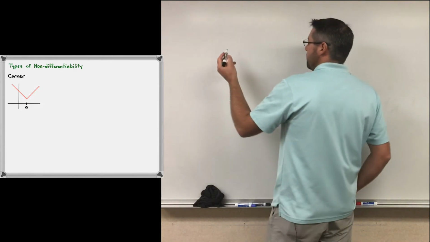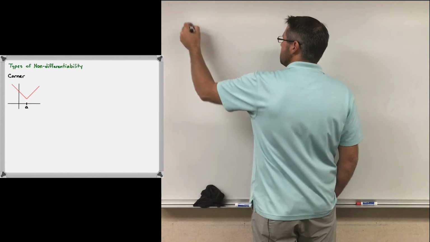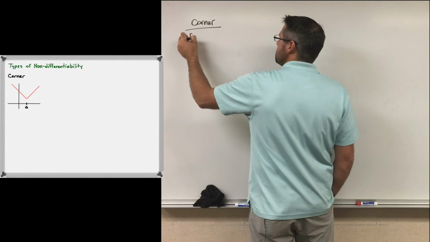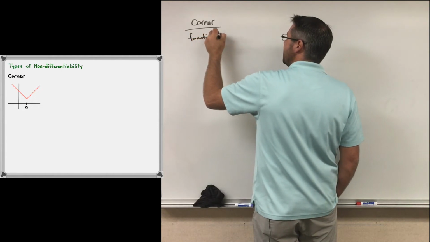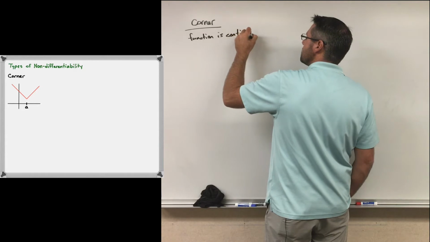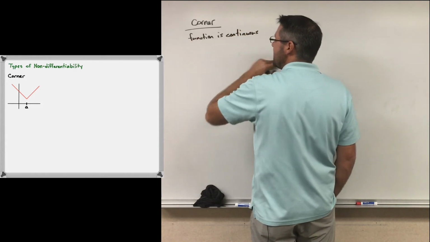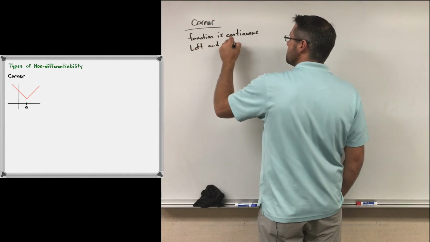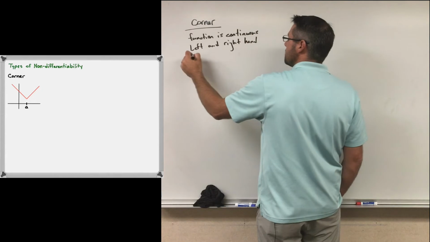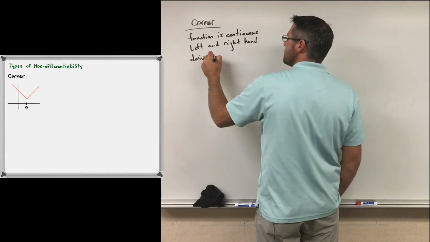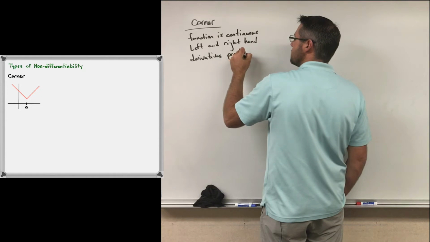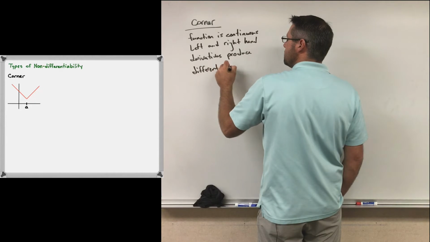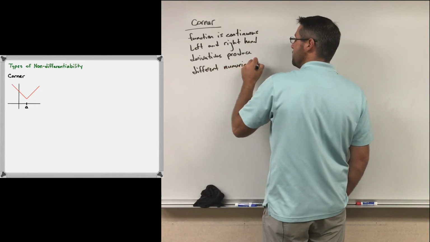The idea of a corner is simply this, so I'll write this down. A corner is when the function is continuous, okay, and then the left and right hand derivatives produce different numeric values.